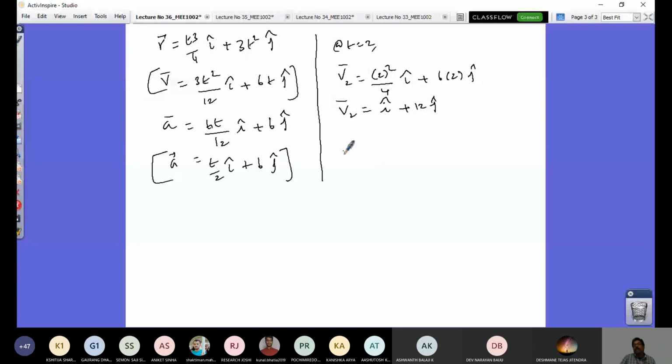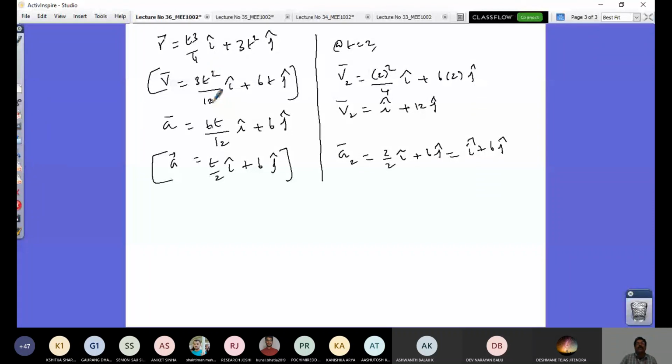How did you get the 12 in the denominator of the velocity vector after the differentiation? See, x is equal to t cube by 4, so differentiating, dx by dt is going to be 3t squared by 4. Sorry, this is 4.